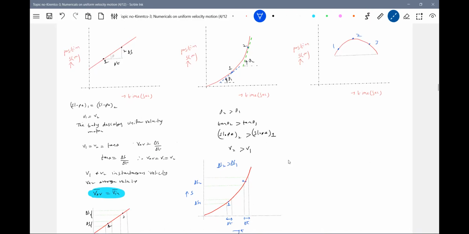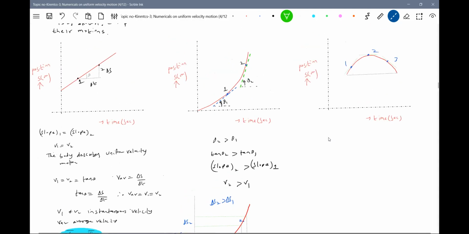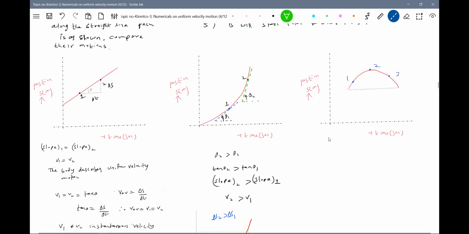First, we'll calculate the slopes at various points: at 1, at 3, and at 2. I'll magnify further so we can clearly see these slopes. Slope at 1 is positive, slope at 3 is negative. Slope at 2 is 0.